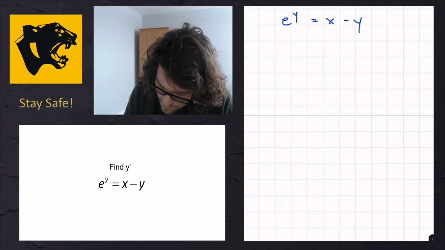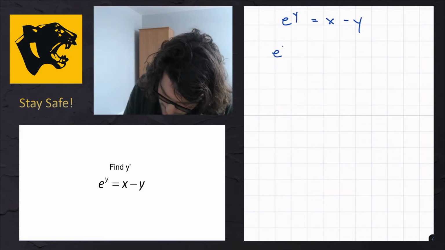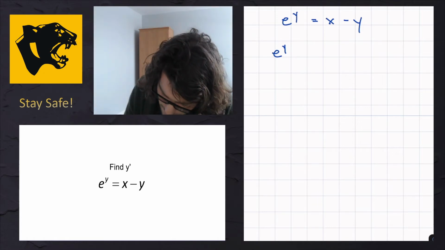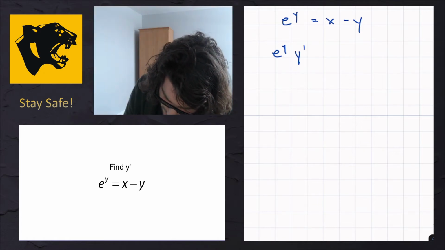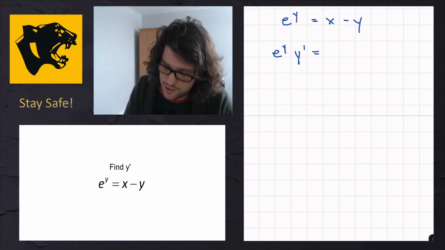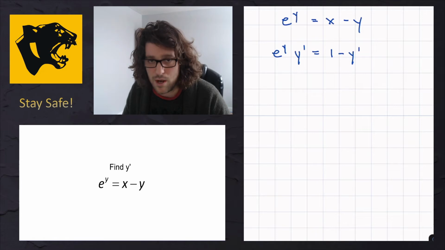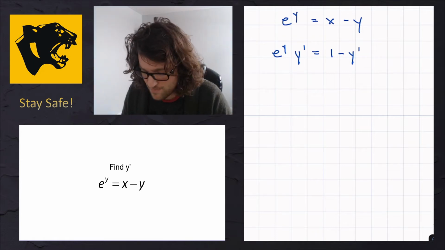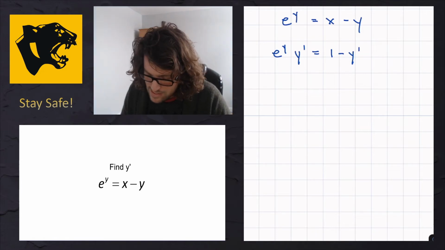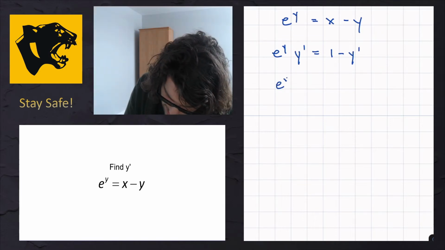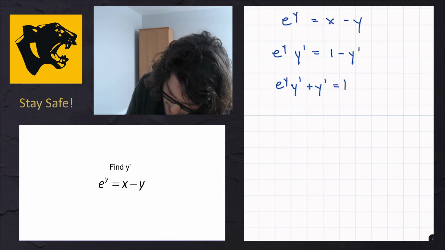So we'll take the x derivative of both sides, e to the y, leave the inside alone, times the derivative of the inside, which is going to be y prime. On the other side, the x derivative of x is 1, and the x derivative of y is y prime. Now we have the y prime in two different positions. So I'm going to get e to the y, y prime, plus y prime is equal to 1.